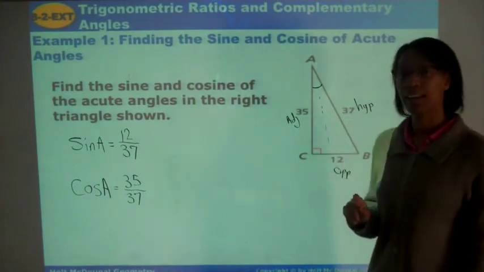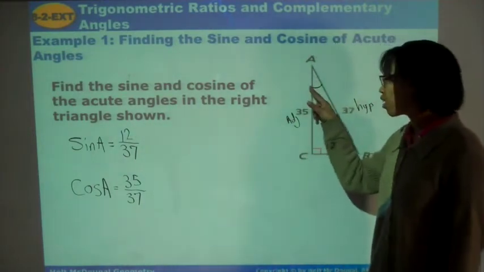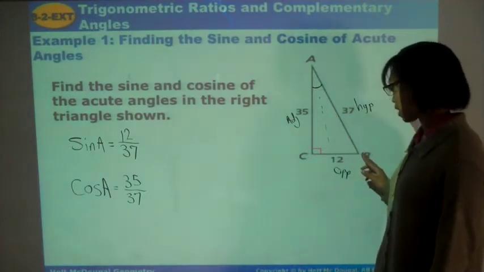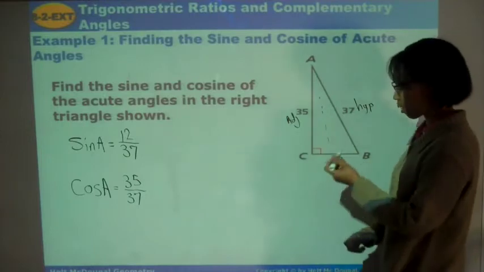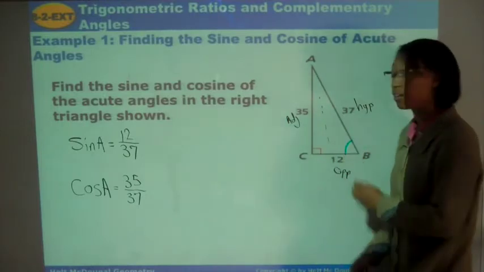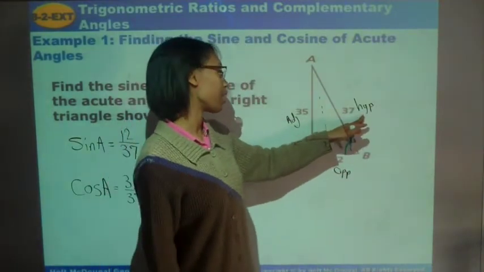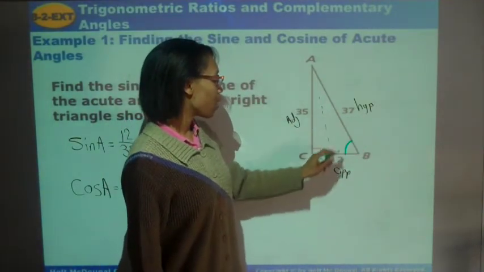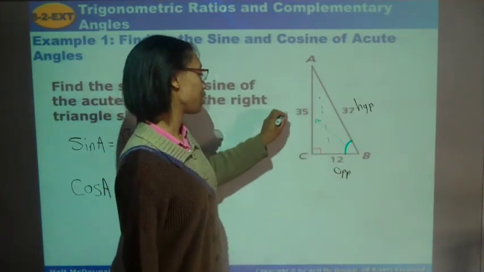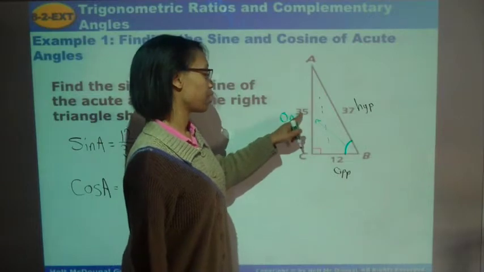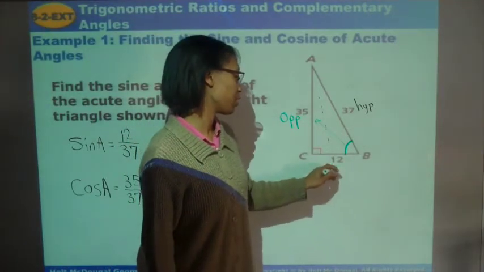Now, instead of looking at angle A, how does this change if we talk about the other corner, angle B? If I'm now talking about angle B, the hypotenuse is still the same side, right? But now the side that's opposite is this side over here, and my adjacent, the side that's touching the angle, is now down here.